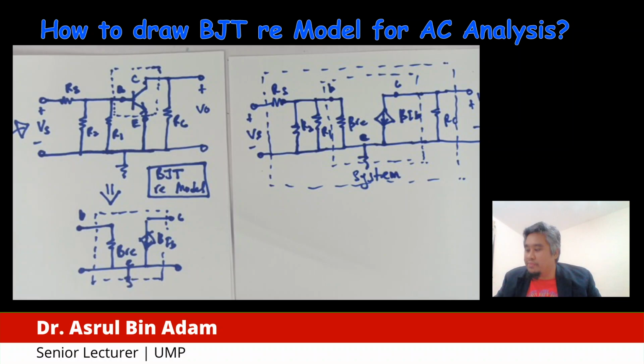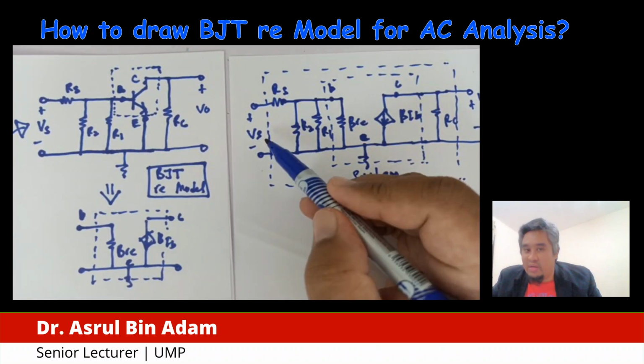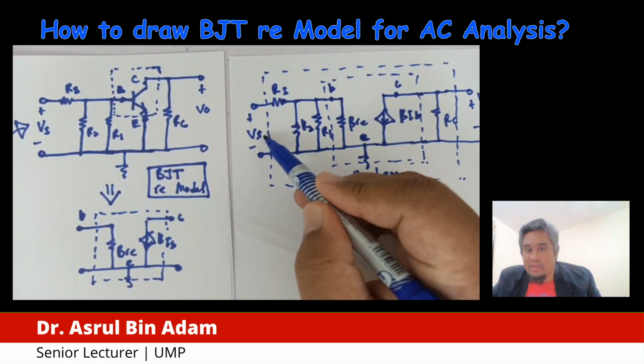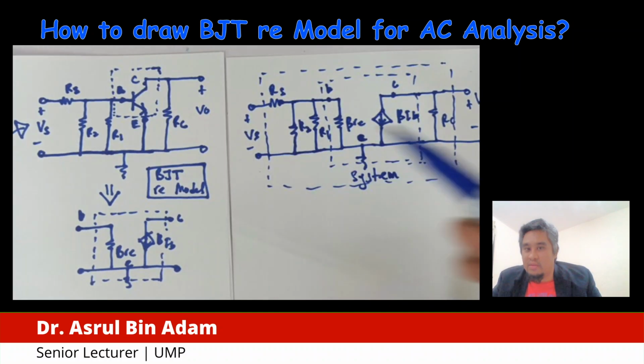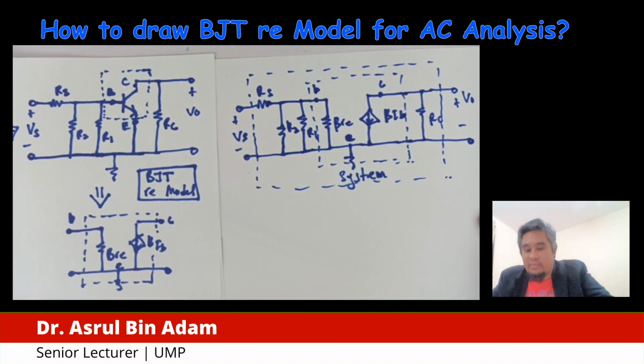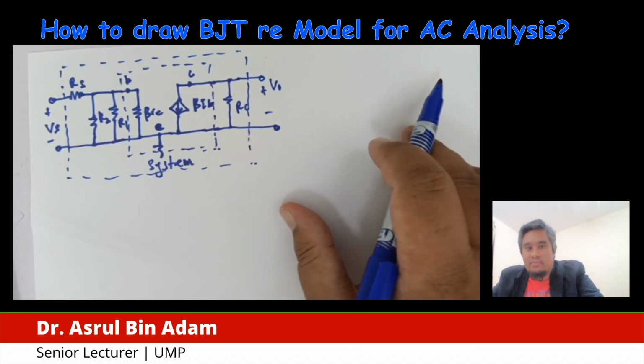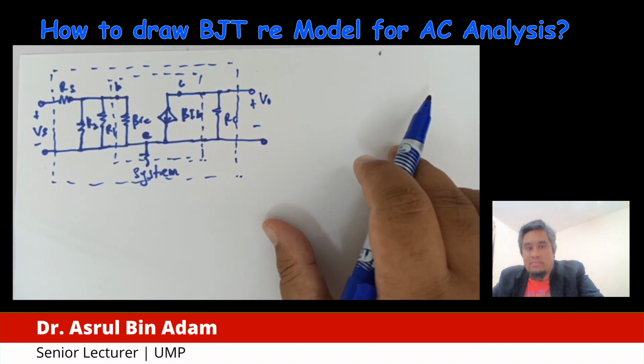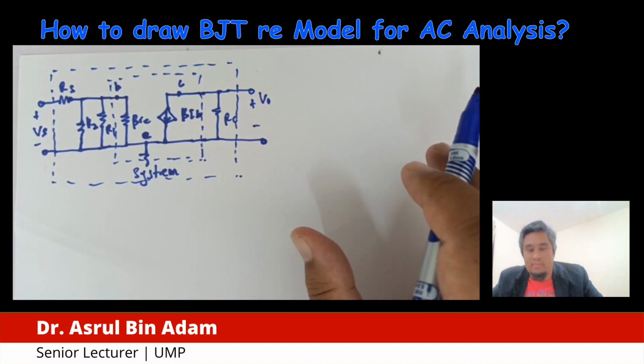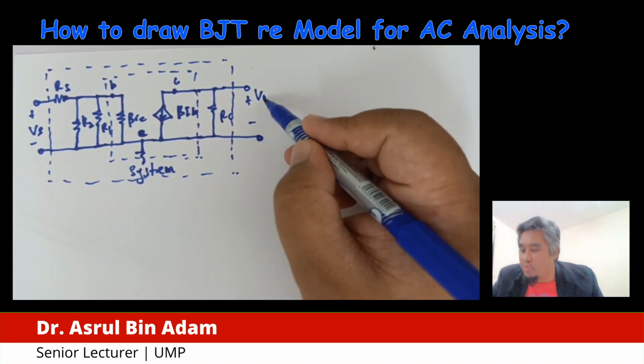So the amplifier represents a system, and we have to identify the five parameters. Now we already know the input voltage, this is the input voltage, and this is the output voltage.